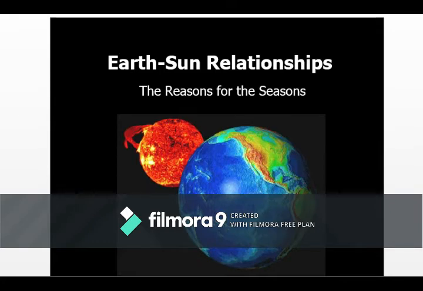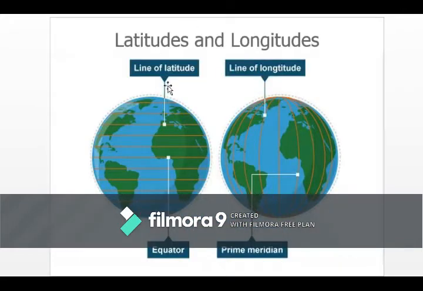Before discussing the seasons, we need to know some initial things, which are latitudes and longitudes. What are latitudes and what are longitudes? You might have heard about these terms in grade 3, but now I'm going to tell you in detail.